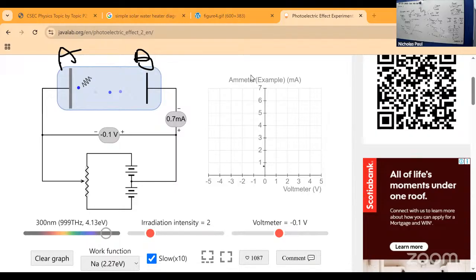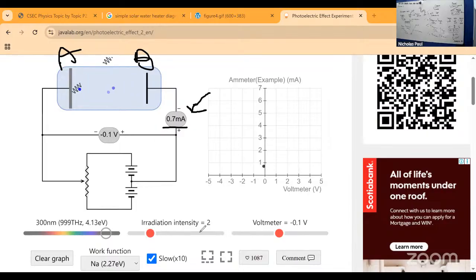We end up with current, right? Current reading here, in amperes. There's an arrow. Right. So the electrons are leaving A and going to B.